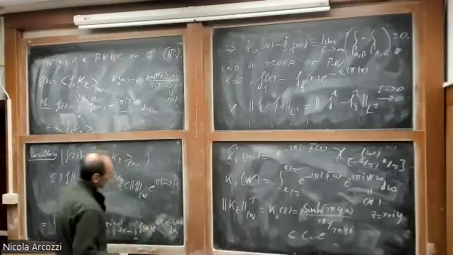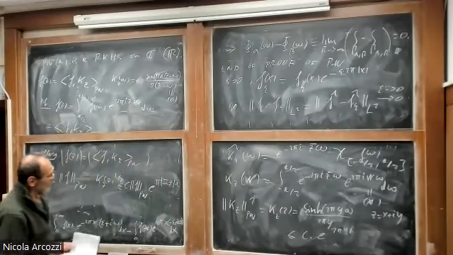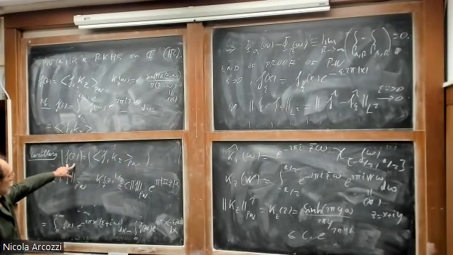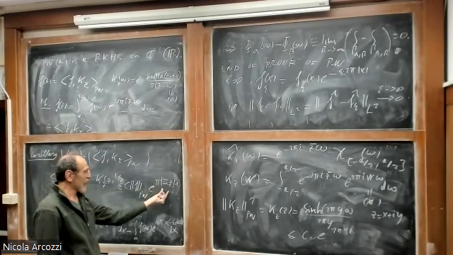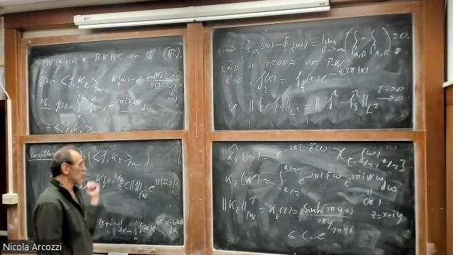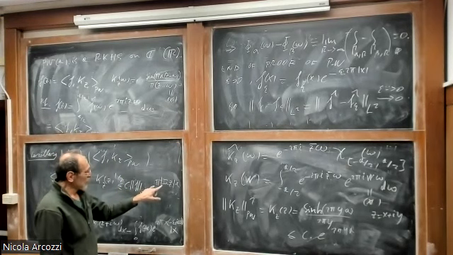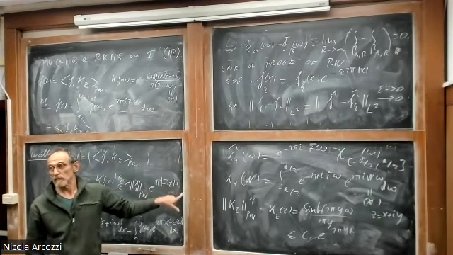So we started with an estimate of f of z by e to the pi a mod z, and we end up with a better estimate, which is bounded by e to the pi a imaginary part of z.